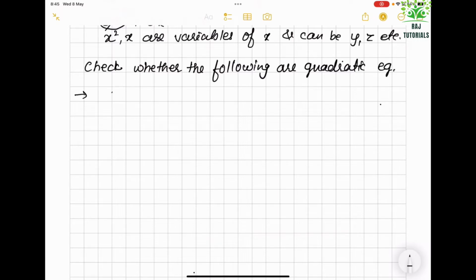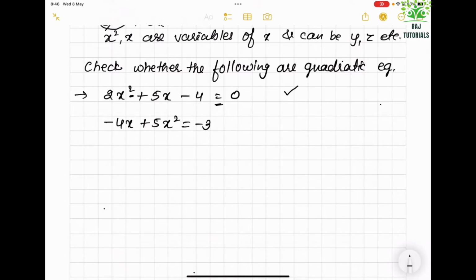So let us see one example: 2x square plus 5x minus 4 equal to 0. It has an equal to sign and highest degree is 2, so I can say it is a quadratic equation. Then, same way, another example: minus 4x plus 5x square equal to minus 3.